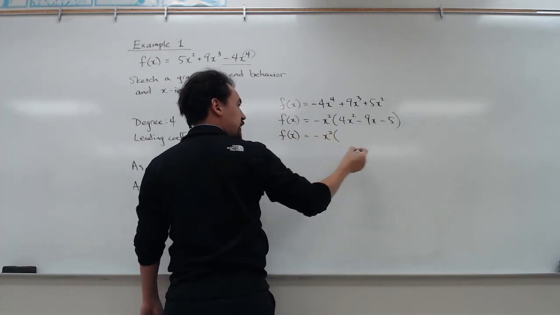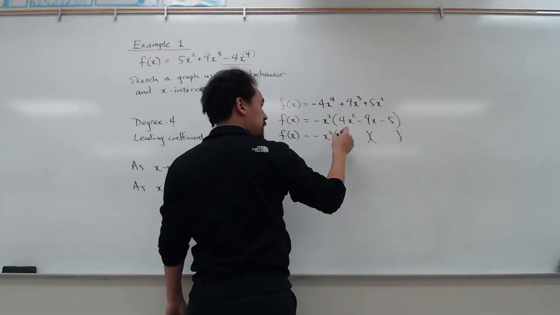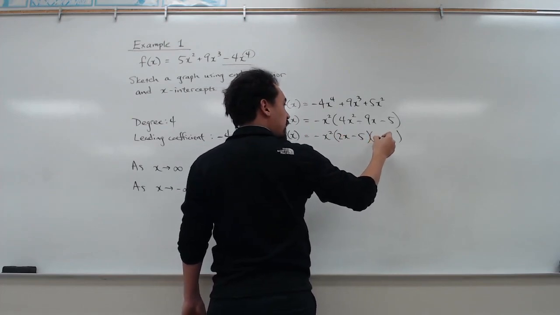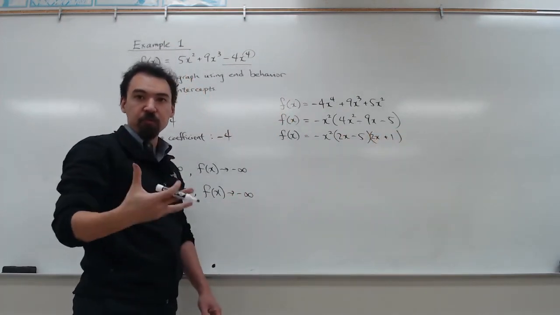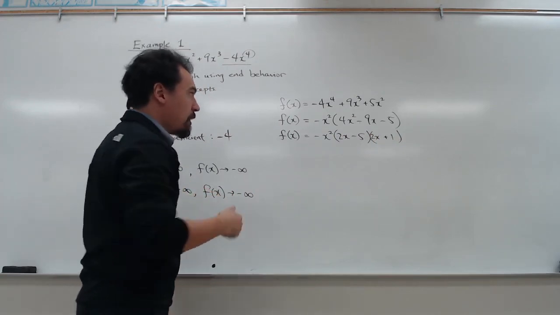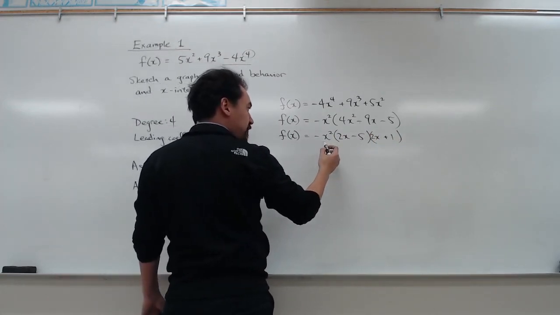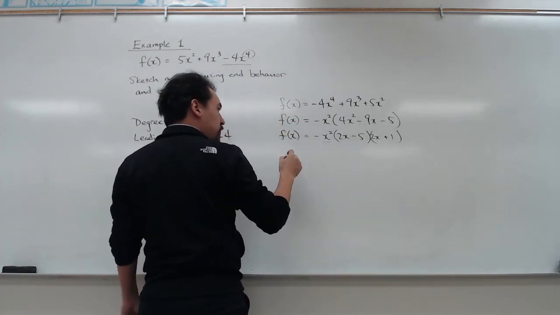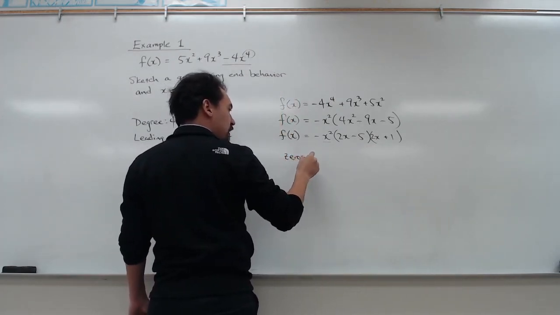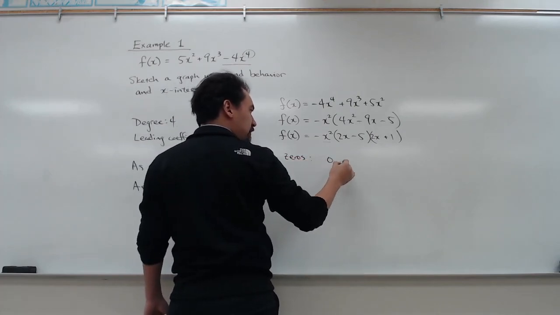And I'm going to cheat here, and I'm just going to put down the result. It becomes 2x minus 5 and 2x plus 1. I'm not going to go over how I got that. I'm just going to assume that you already know how to factor. But from here, I know the factors are x, 2x minus 5, and 2x plus 1, which means the zeros are going to become x equals 0.